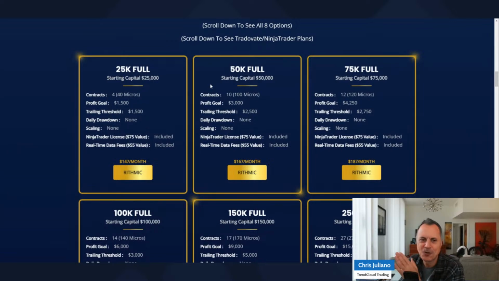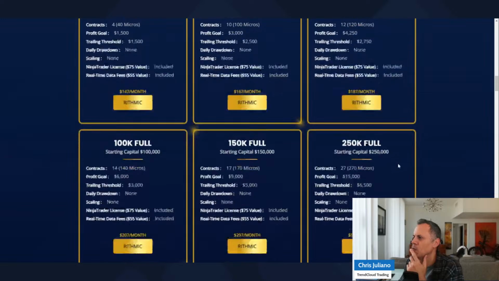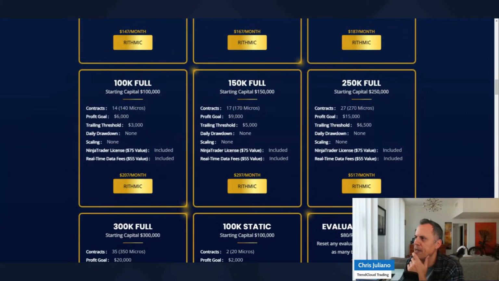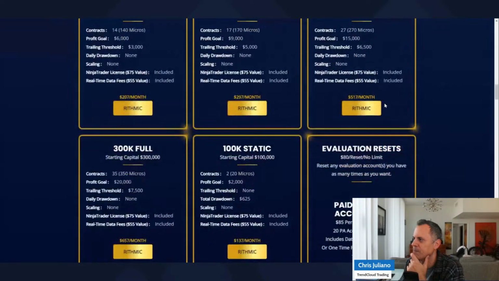This is stacking the deck. They're stacking the deck in their favor. Okay, they want to be the house. You can do it on NinjaTrader, real-time data fees here. What's the most? Ooh, here you go, $250,000. You can get funded $250,000. Okay.